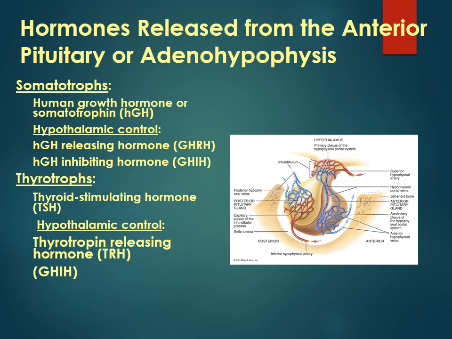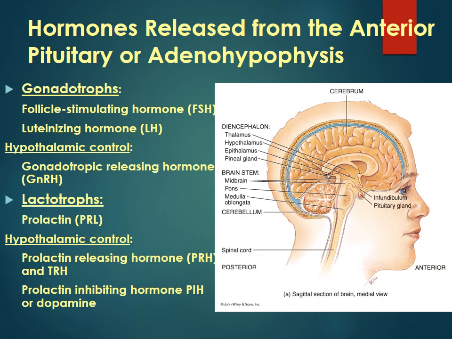Then hypothalamic control, thyrotropin releasing hormone, TRH. Then the gonadotrophs, follicle stimulating hormone, FSH, or luteinizing hormone, LH. Hypothalamic control or the gonadotropin releasing hormone, GnRH. Lactotrophs, prolactin, hypothalamic control, prolactin releasing hormone is PRH and TRH, and prolactin inhibiting hormone, PIH and dopamine.